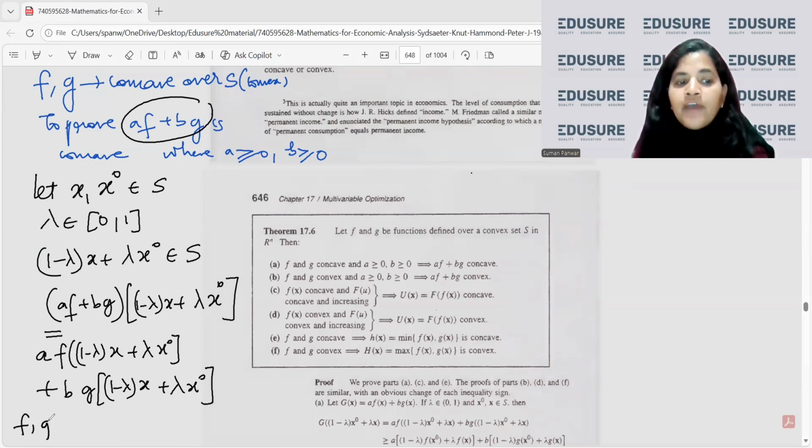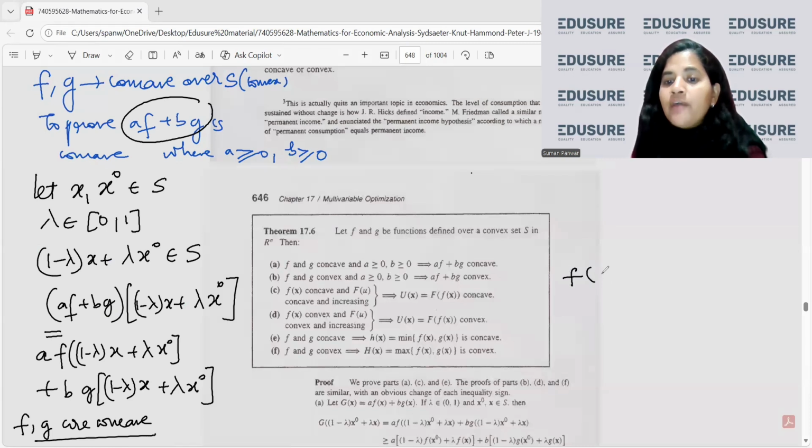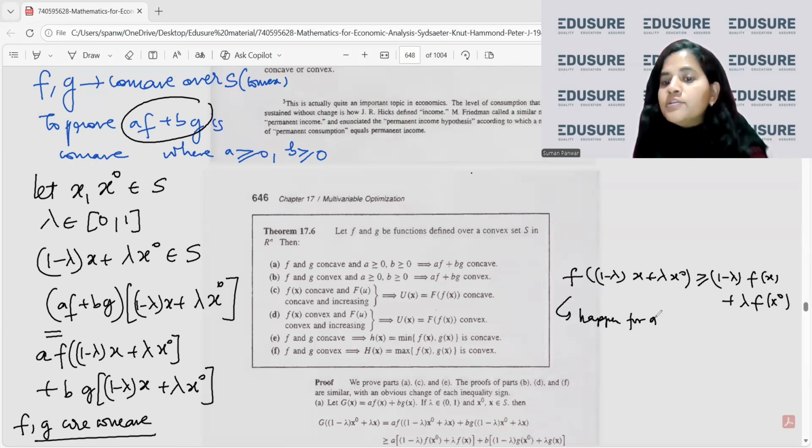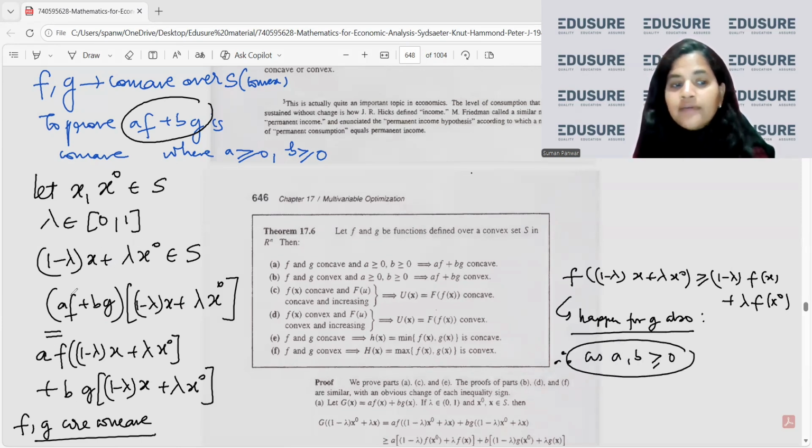So now we know that f and g are concave. Since f and g are concave, we are going to have f of (1 minus lambda)x plus lambda x naught greater than or equal to (1 minus lambda) f of x plus lambda f of x naught. And this is going to happen for g also. And therefore, as a and b are greater than or equal to 0, the inequality will be preserved. So right now we have equality sign, and now we have greater than or equal to sign for f and g. And because a and b are non-negative, the inequality will be preserved. What does it mean?